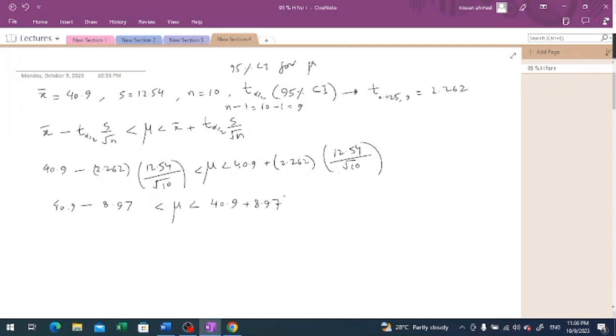So 40.9 minus 8.97 would give us 31.93, and 40.9 plus 8.97 would give us 49.87.